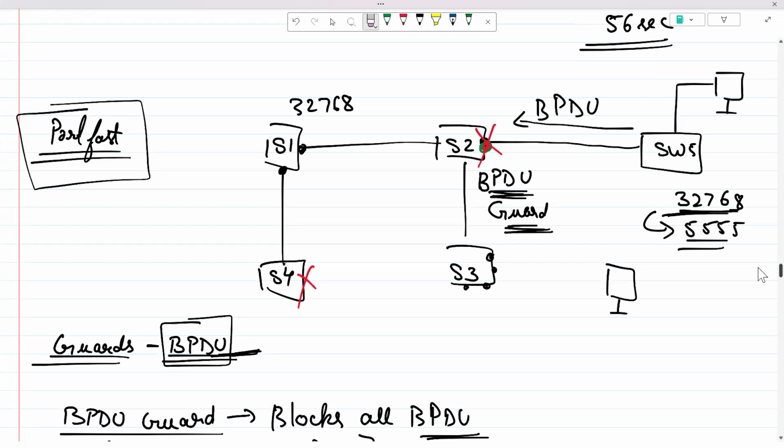That's why I have enabled the BPDU guard on my S2 switch, so that I can save my network. But on switch 5 I also have a few other valid customers. They want to access any PC, subscriber or server connected to switch 4 or switch S1. Then how can we achieve this?